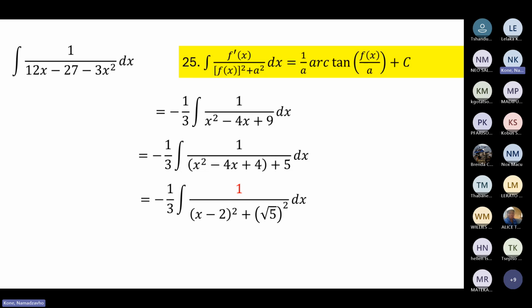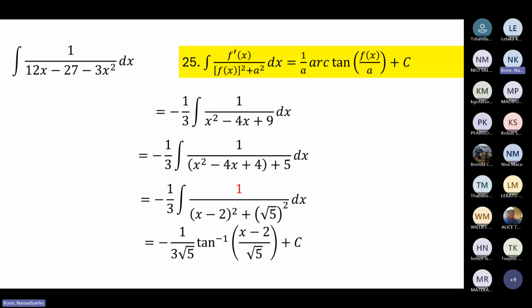Yeah, there we go. Rule number 25. It says the derivative on top of f of x divided by f of x plus a squared dx is equal to 1/a arctan. Did I copy the right hand side correctly? Because I have this tendency of mixing them. Yes, it's correct, sir. If that is the case, then it is applied there.